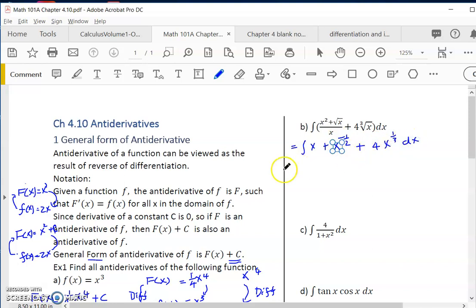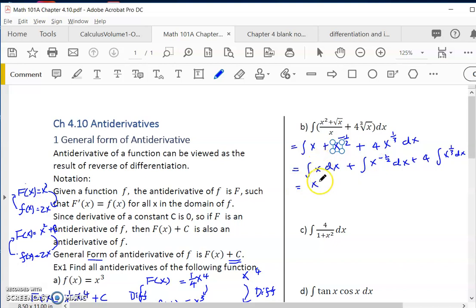And I'm going to use the power rule one by one. So it's integral x dx. Remember, no quotient rule, only power rule. The power rule is add and divide. Plus integral of x to the negative 1/2 dx, plus 4 integral x to the 1/3 dx. So don't be confused about doing derivative or antiderivative.